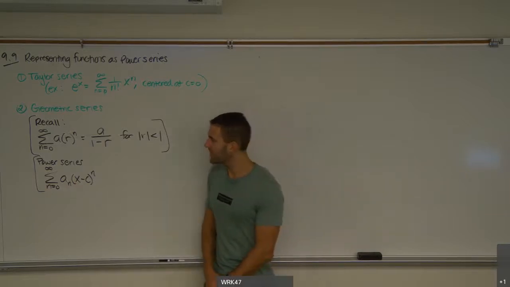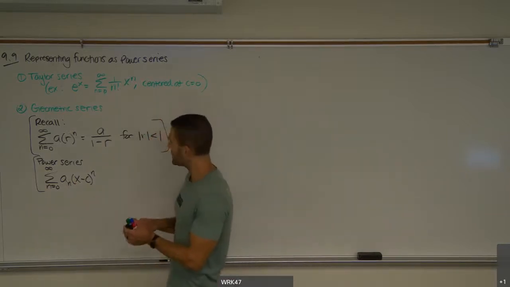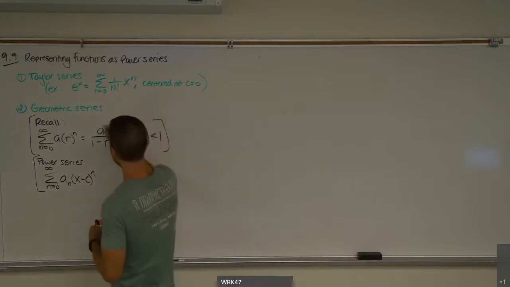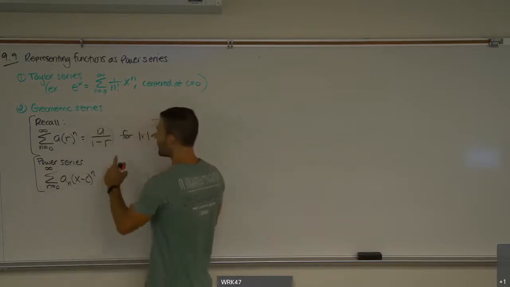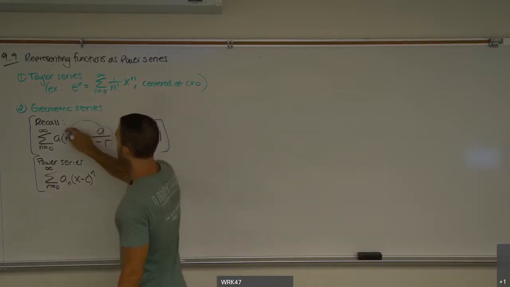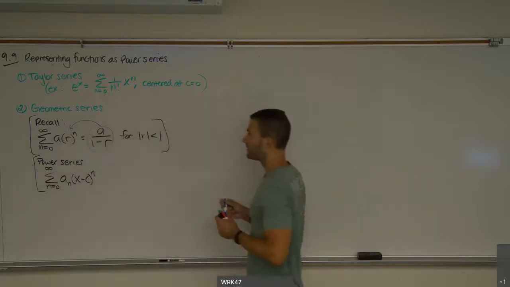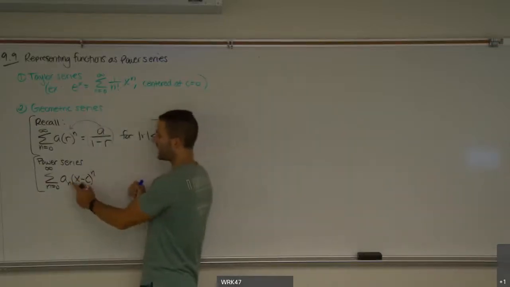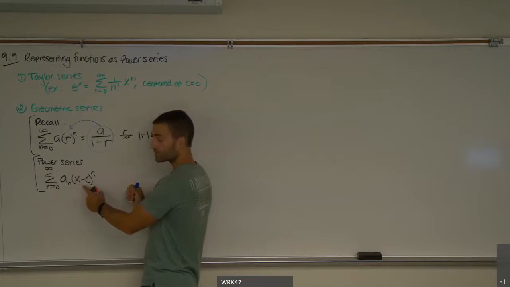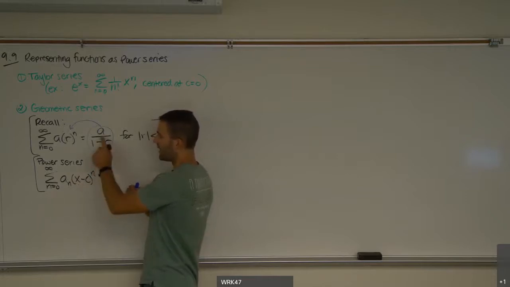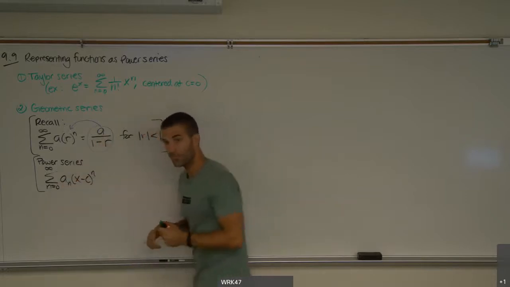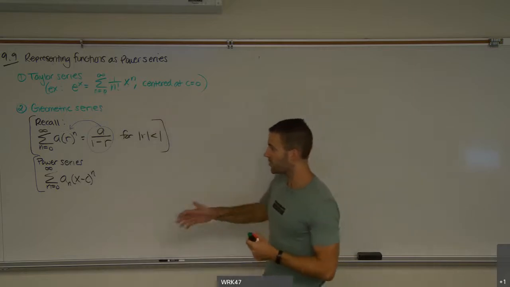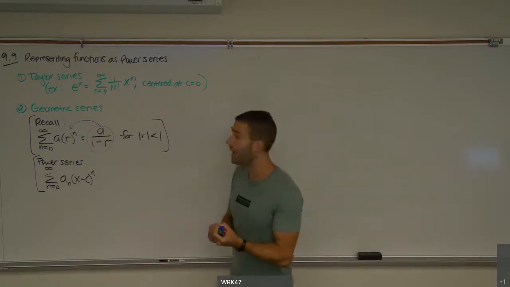And so what we're going to be doing today is taking the geometric sum formula and thinking of it backwards: given something that looks like this, rewriting it as an infinite sum, where my r is going to translate to some x minus c term, and my a is just going to be a constant in general. It might turn into some a sub n at the end, and we'll see how that could happen.